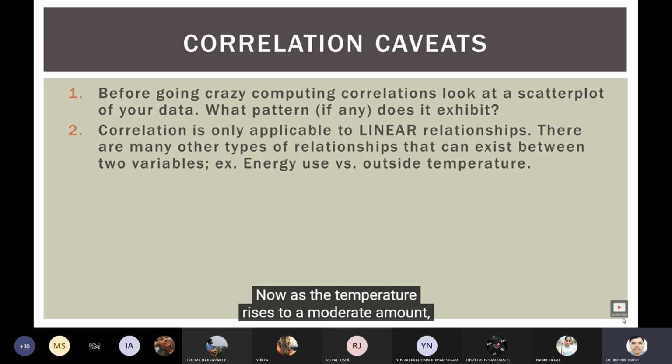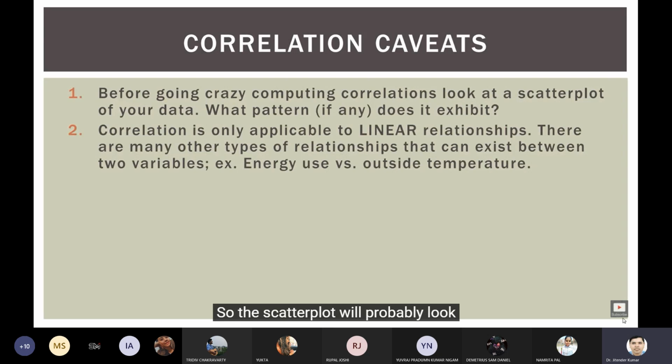Now, as the temperature rises to a moderate amount, the energy usage goes down. But then when the temperature gets really hot, energy usage goes up again. So the scatter plot will probably look like a U shape. And of course, that's a curved shape. It's not linear. So you always want to use the scatter plot to look at the shape of your data and realize that correlation is only applicable to linear relationships.